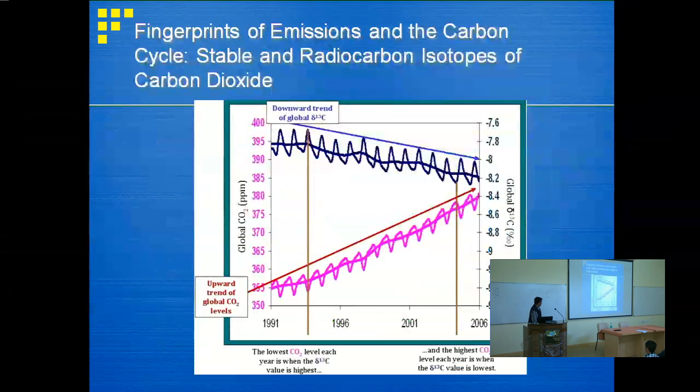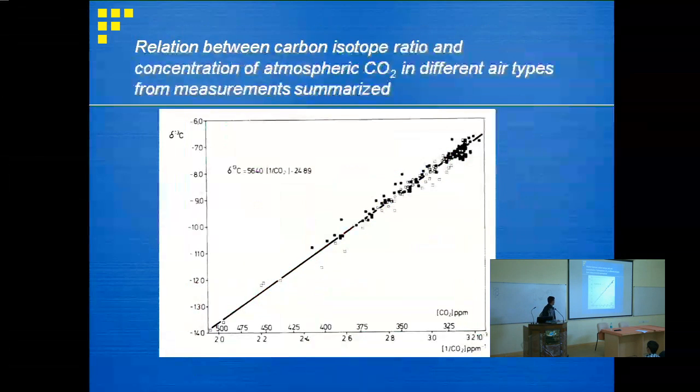Now, what people have seen is that together with the CO2 concentration, if you measure the isotopic composition, there is an inverse relationship between the two. As CO2 concentration is going high, the isotope is going lighter and lighter. If you plot CO2 concentration against the inverse, that is the 13C, you derive a linear pattern where you can talk about the end-member composition.